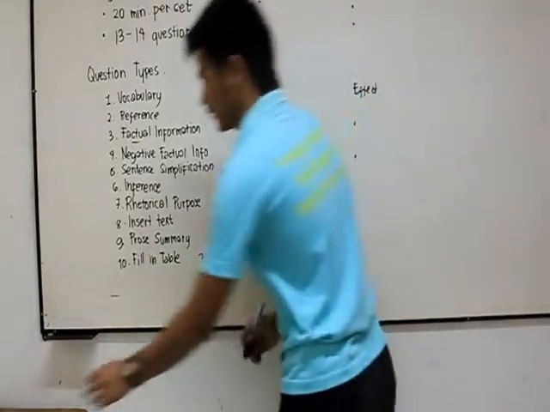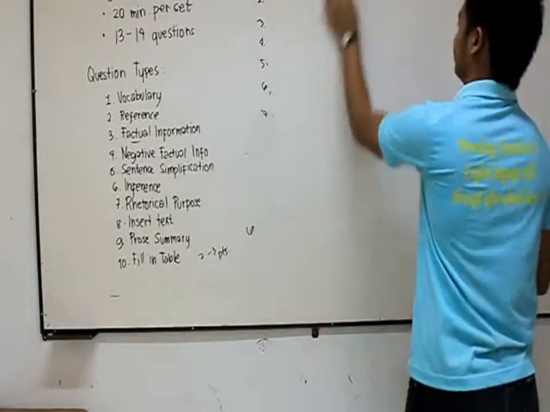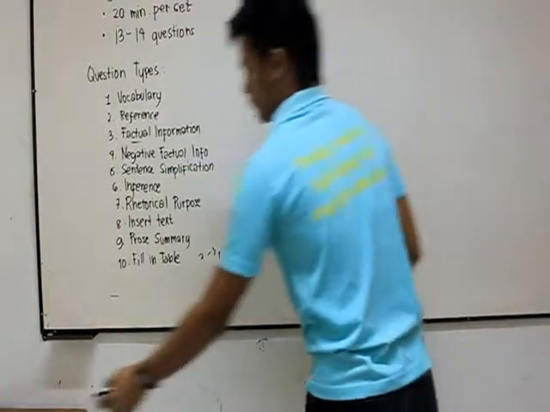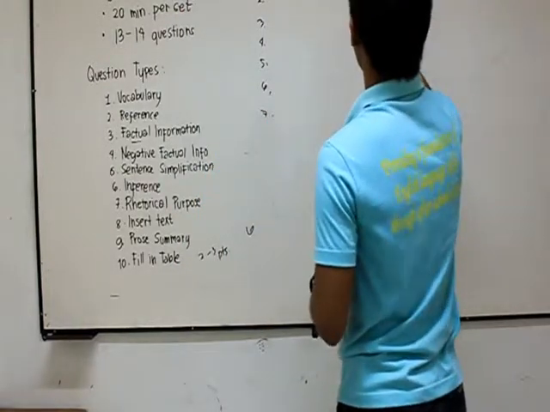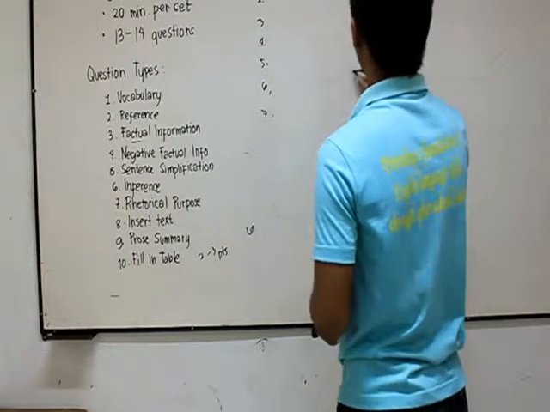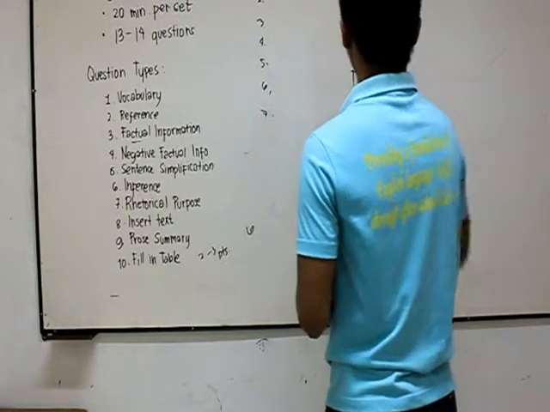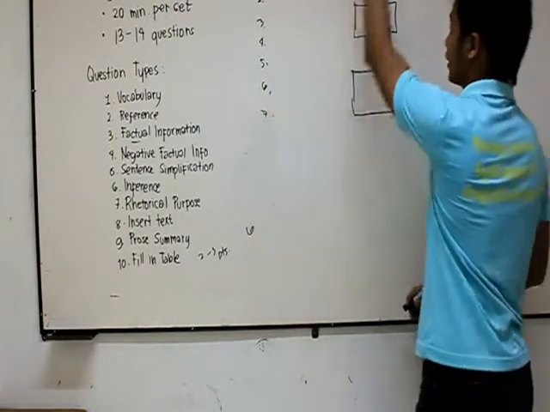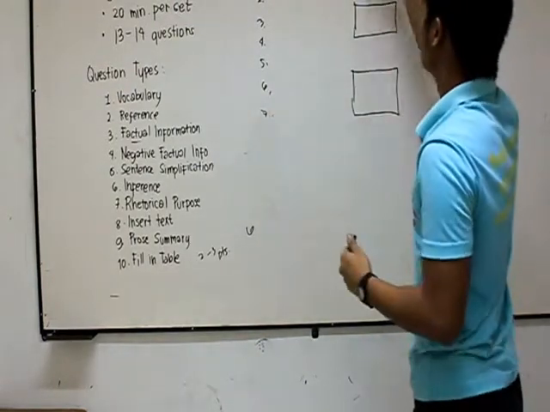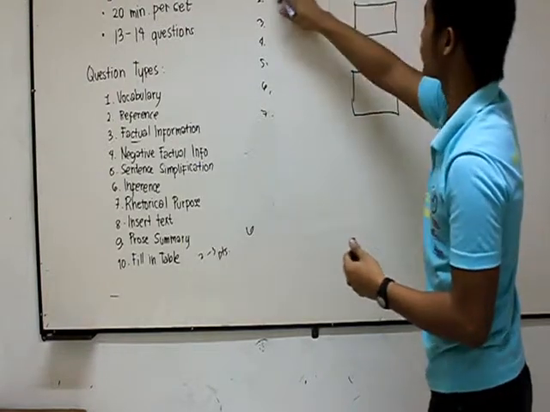Another type is where there is necessary information in the box, for example, a topic. There are words in the passage which is in here, and you need to identify which best explains this one.